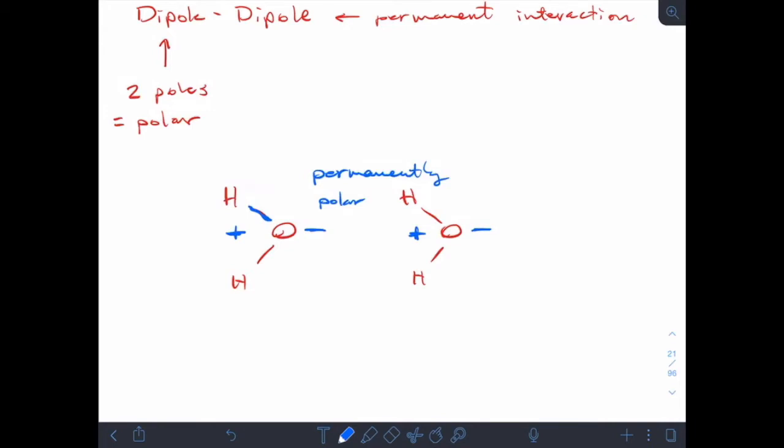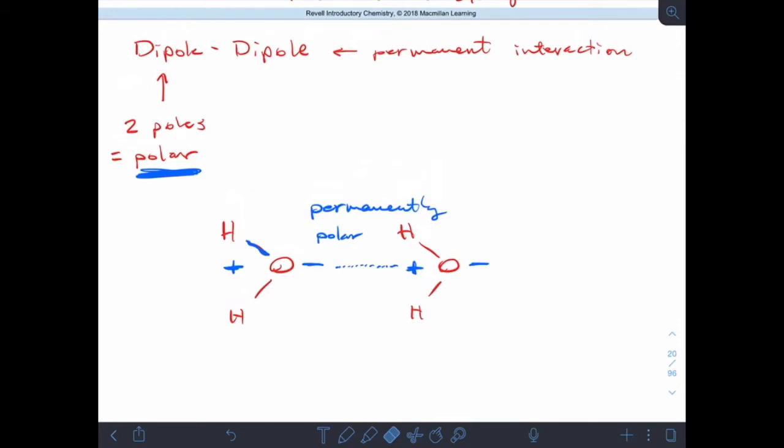So because positives and negatives attract, we have an interaction between the positive side of the one water molecule and the negative side of the other. Okay? So the important thing is that in order to have dipole-dipole interactions, this must be polar molecules. Okay? That's very, very important. Must be a polar molecule.